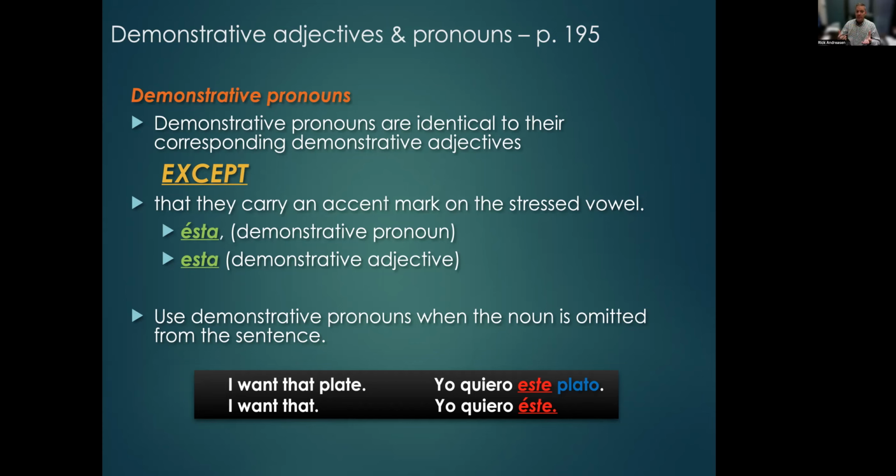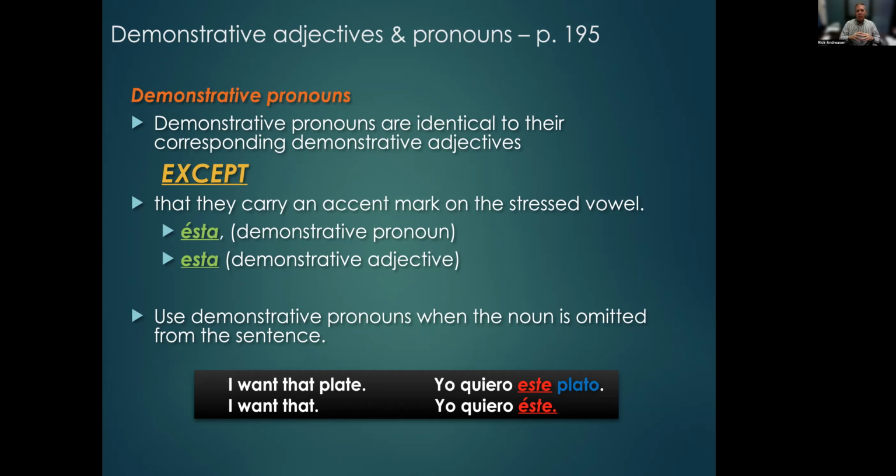Pronouns take the place of nouns, right? So instead of saying Rick over and over and over again, I replace that with the pronoun yo. So the pronoun is standing in the place of the noun. Demonstrative pronouns then take the place of the noun. It just so happens that they look a heck of a lot like the demonstrative adjectives, except now they carry an accent mark.